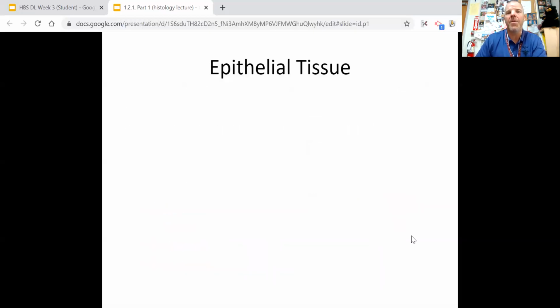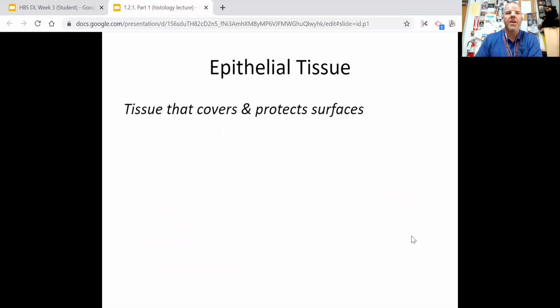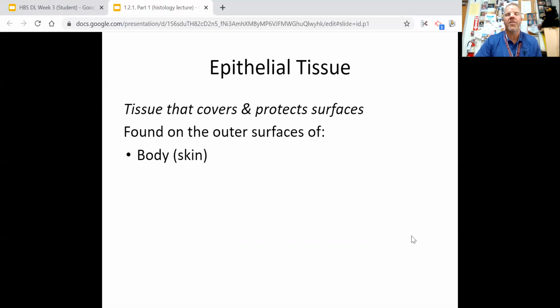So let's talk about epithelial tissue a little bit. Epithelial tissue is tissue that covers and protects surfaces. That's the purpose of this type of tissue. Every organ and thing in our body is covered with epithelial tissue. We find it on the outer surfaces of things like the body, skin, body cavities. A cavity is like an opening or empty space in the body.